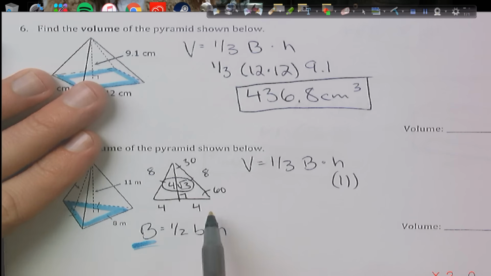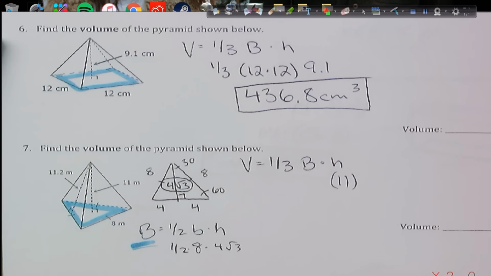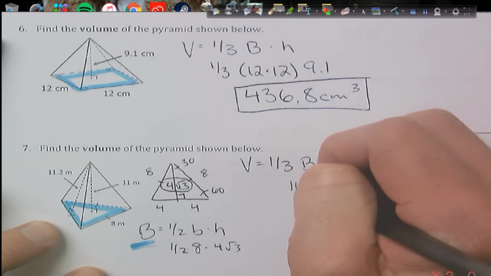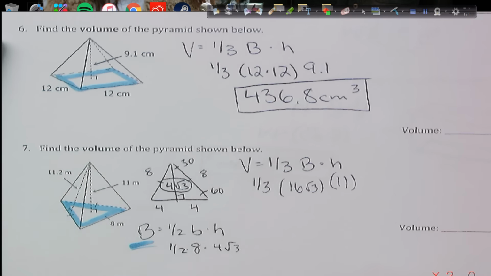The base is 8. The height we found to be 4 rad 3, and 1/2 times that. Okay? So half of 8 is 4. 4 times 4 is 16 rad 3. Okay, and we can leave this in simplest radical form if it all works out. And it won't. It'll leave us with a decimal, so might as well just go ahead and multiply the whole thing through.